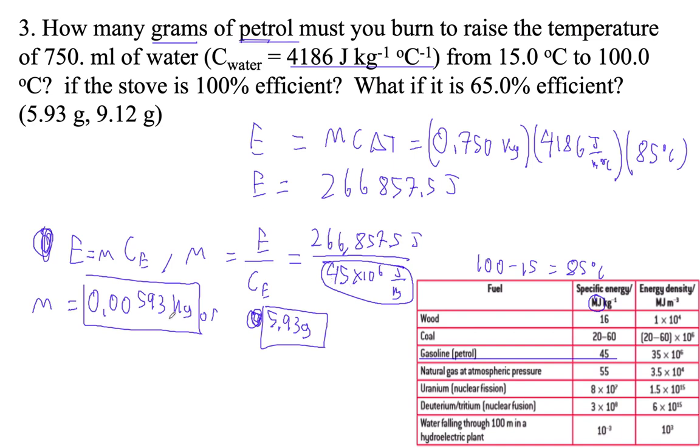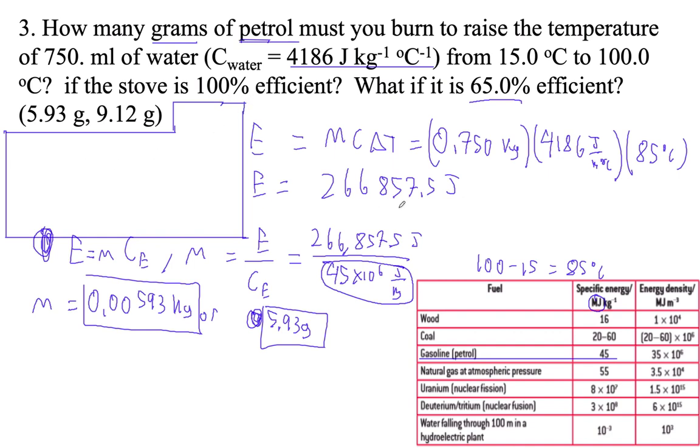Okay, so that's at 100% efficiency, right? But let's suppose it's 65% efficient. That might be optimistic for a little stove, right? Well, now the question is, how much energy do you need if it's 65%? Well, you need more energy, right? Okay. So we're going to use this concept.